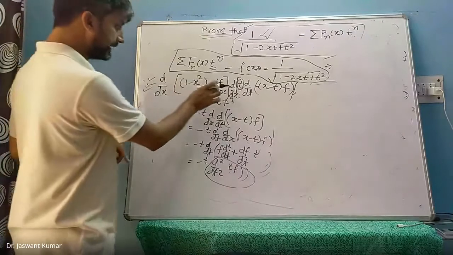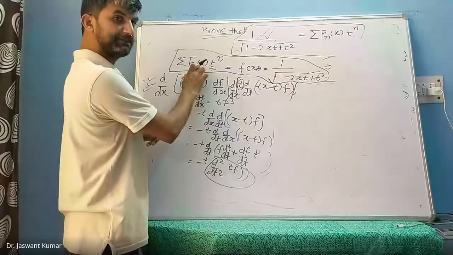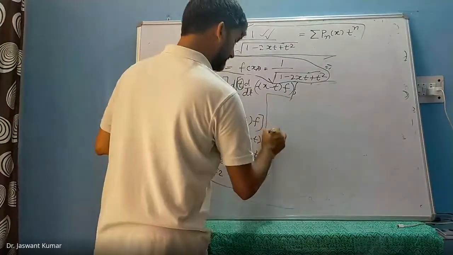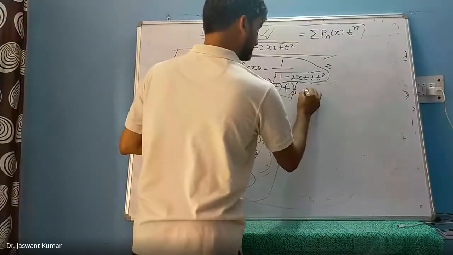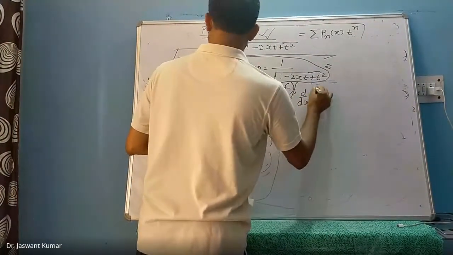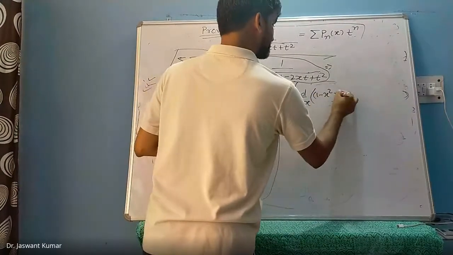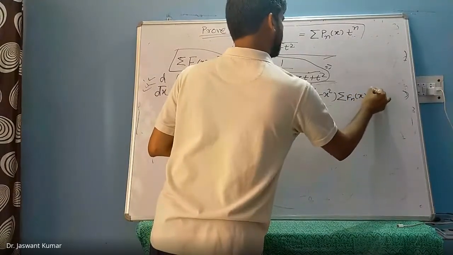So now what will we do? Instead of this f, we will insert this particular expression. When you insert it, what you will get is d by dx of (1 minus x square) and then this summation f_n(x) t to the power n.